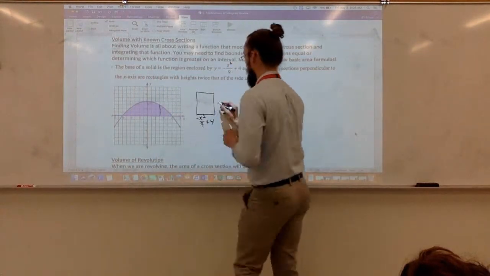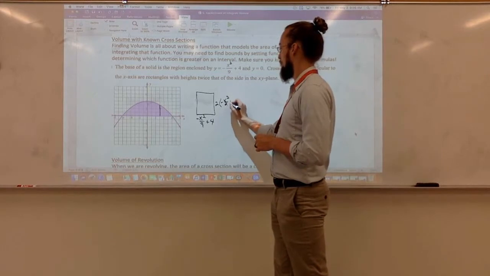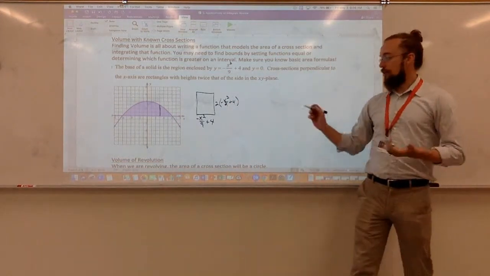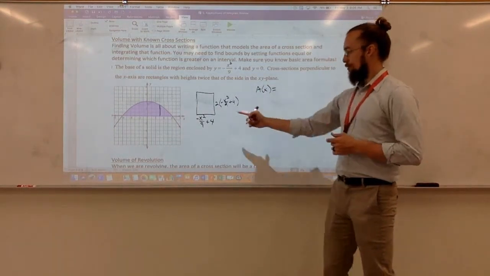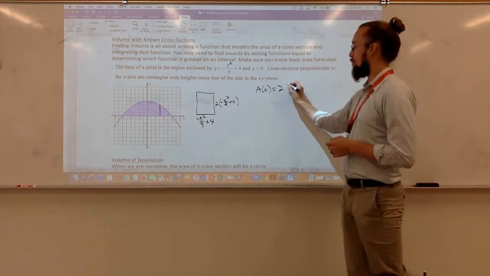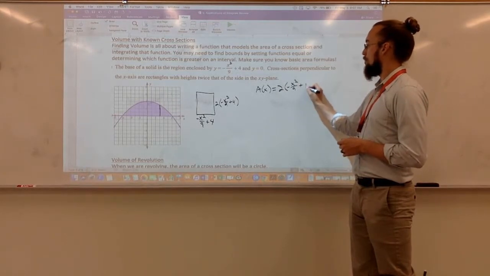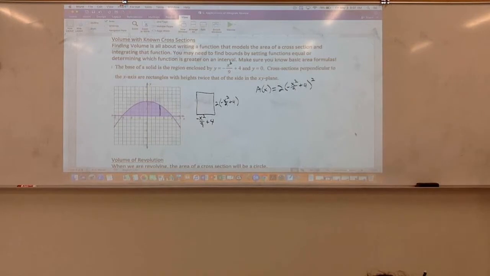The other side is just that multiplied by 2. So to write an area function for this rectangle, just multiply base times height, right? So I would just end up with 2 times negative x squared over 9 plus 4, squared.